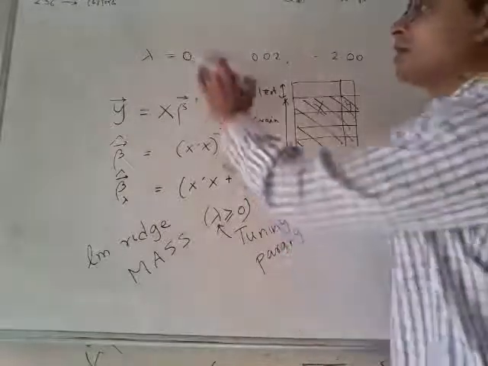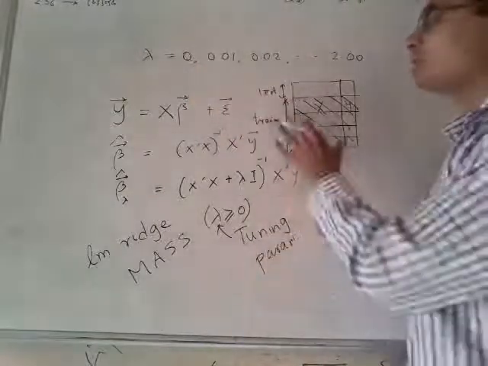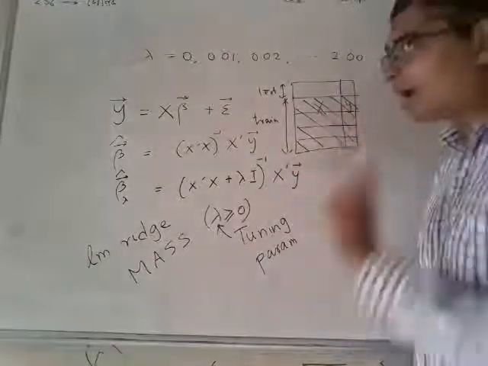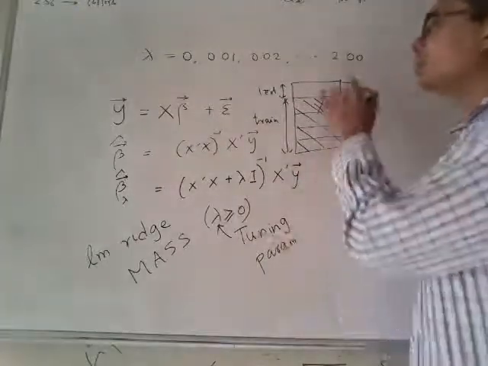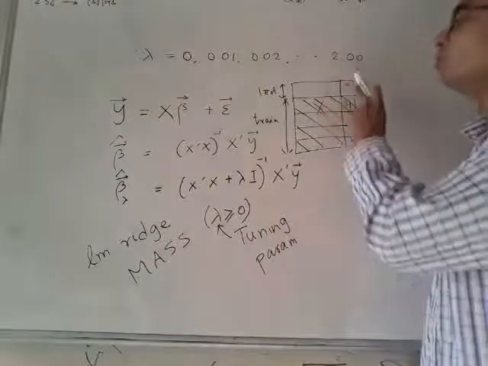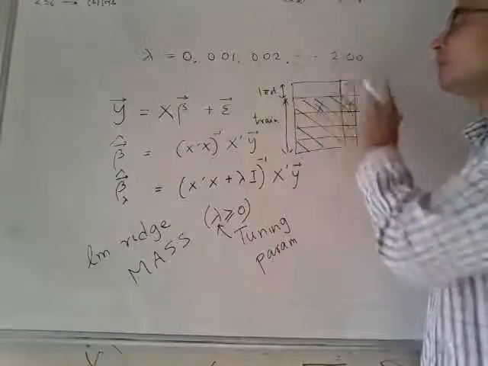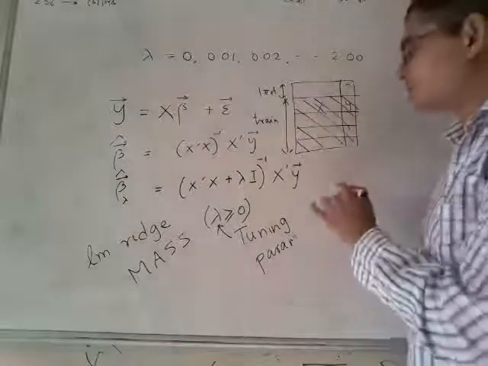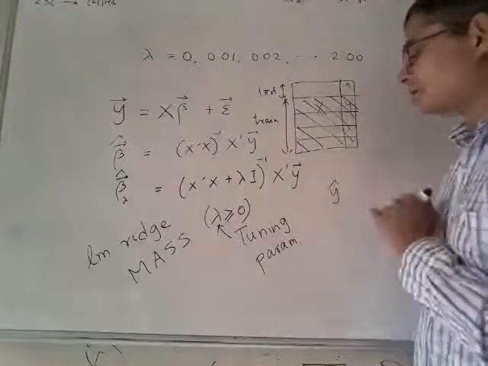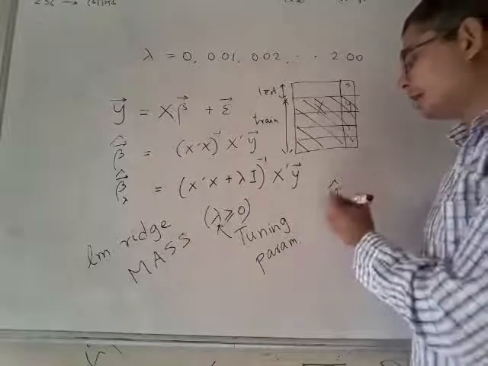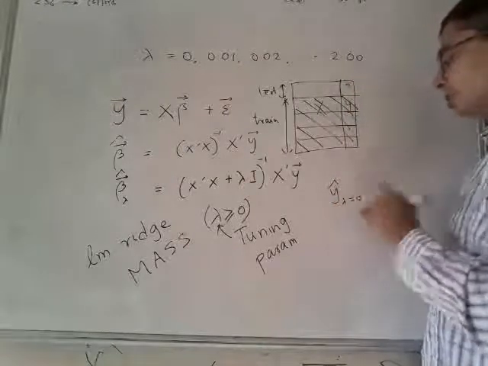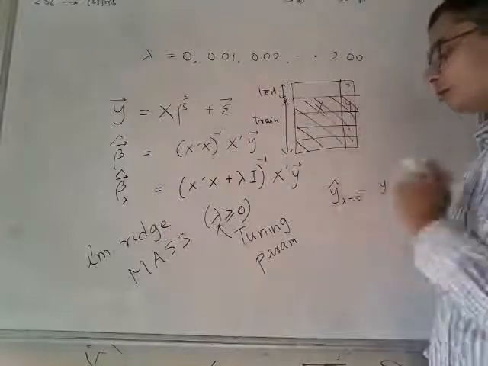So I will first take lambda equal to 0, apply ridge regression, get some fitted model, and then use that model to predict the value of y based on the test part, and I will check how well I am doing. So I will get some predicted value y hat for the case lambda equal to 0. I know the true values, so I will do a comparison.